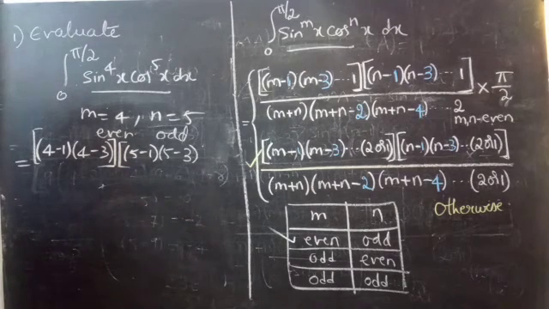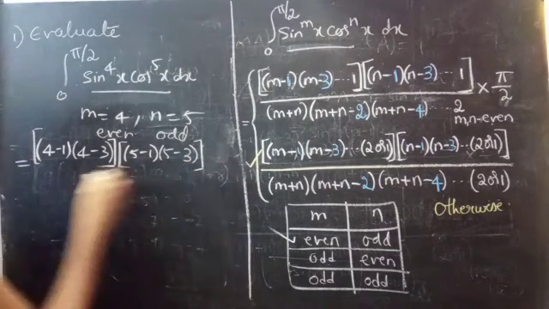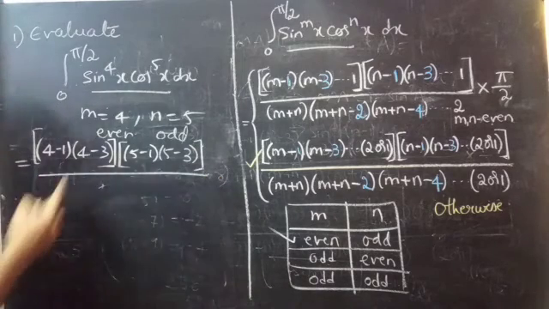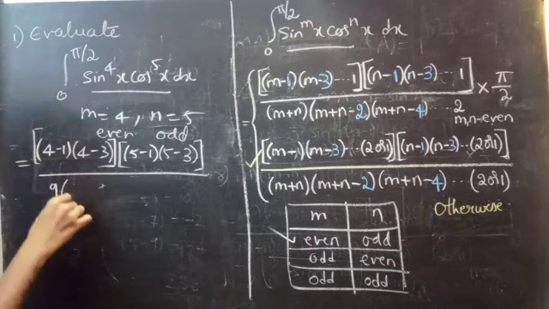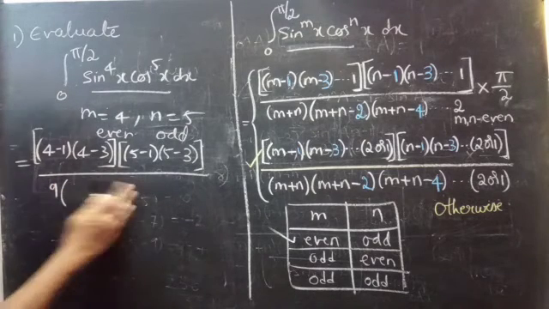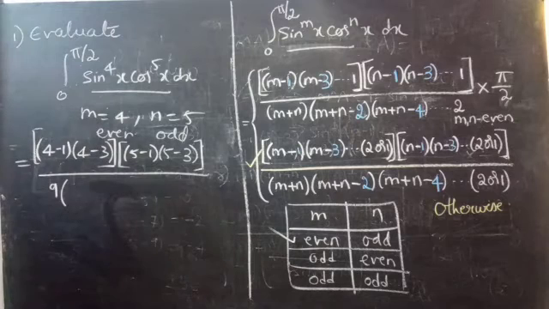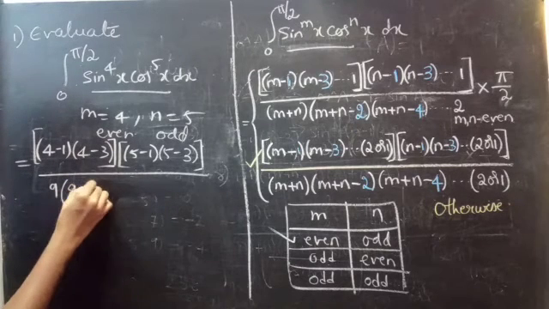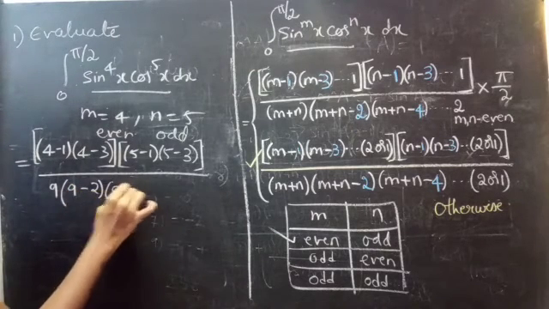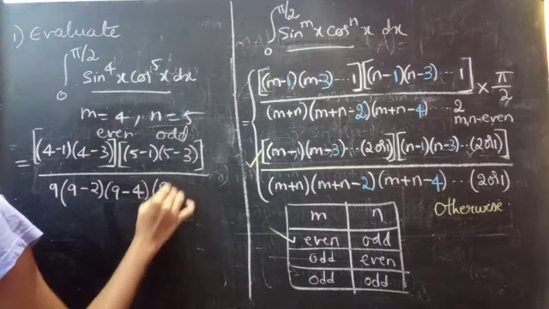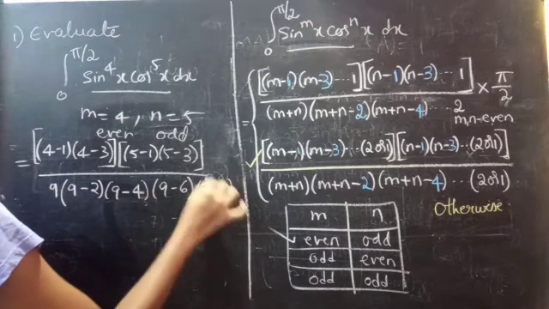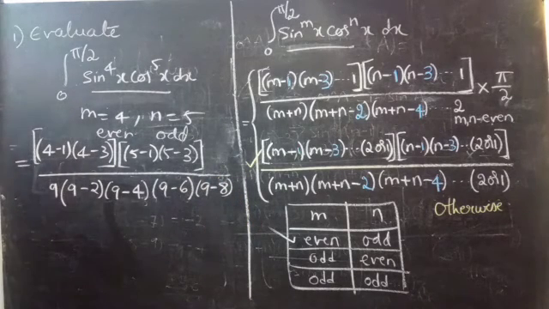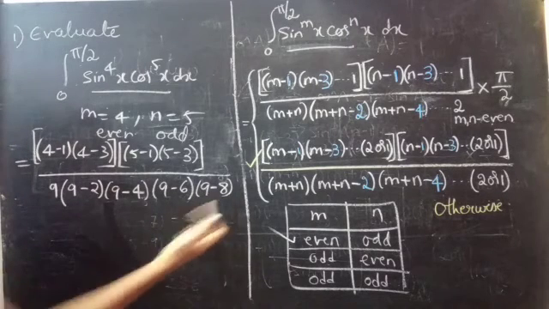So you'll stop at 5 minus 3, over m plus n, that is 4 plus 5, which is 9. 9 into, now we are going to subtract even numbers in the denominator: 9 minus 2 into 9 minus 4 into 9 minus 6 into 9 minus 8. Next you'll get 9 minus 10, again a negative number, so you'll stop here.